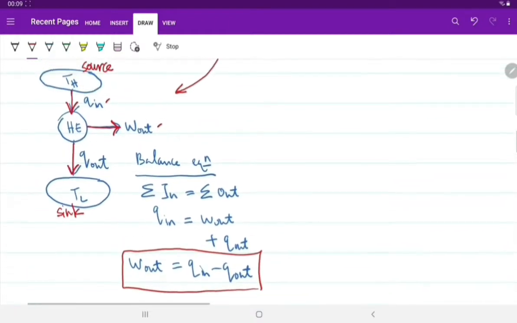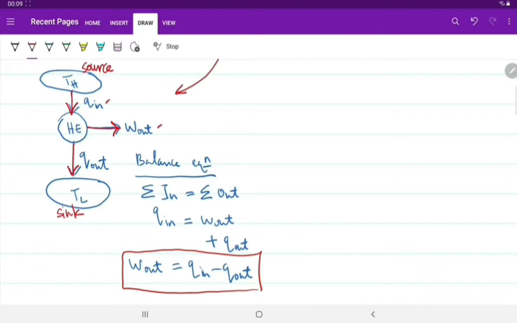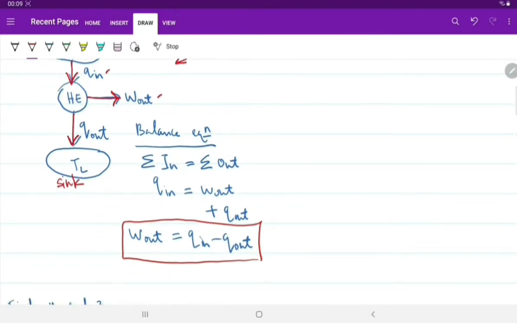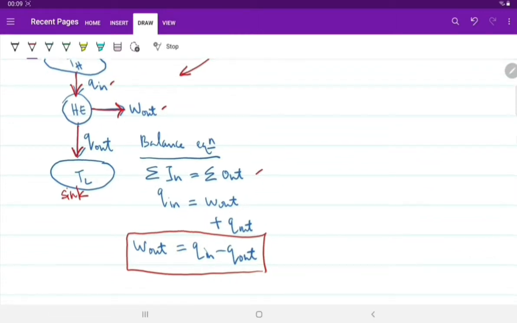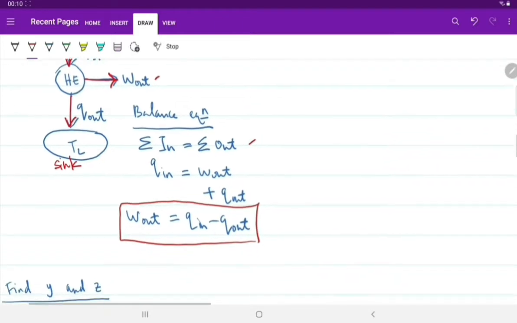So we can do the balancing of the equation here by taking the heat engine as the node. The summation of all the inlets equals the summation of all the outlets. Based on this, we have only one in, which is Q in. Q in equals W out plus Q out here.